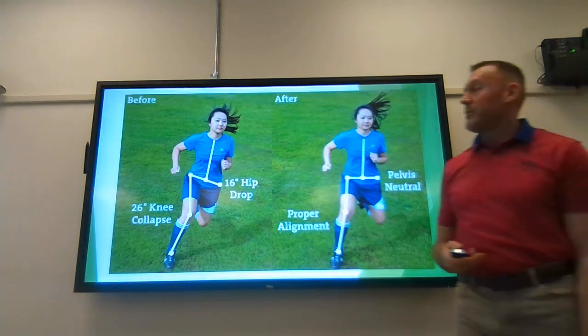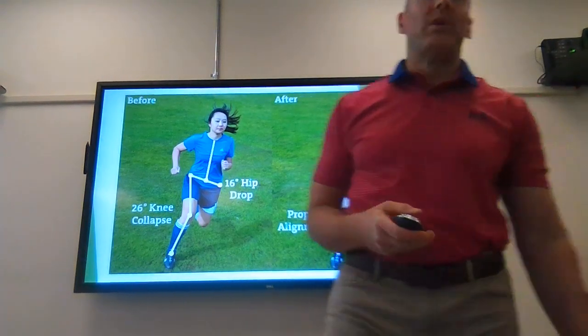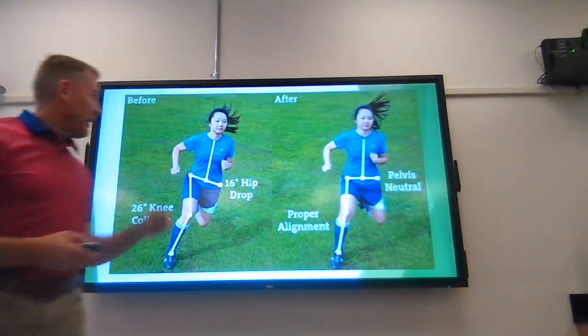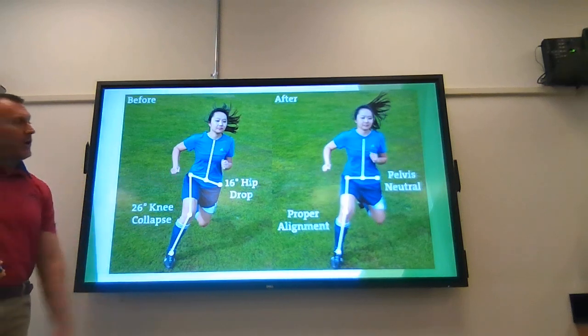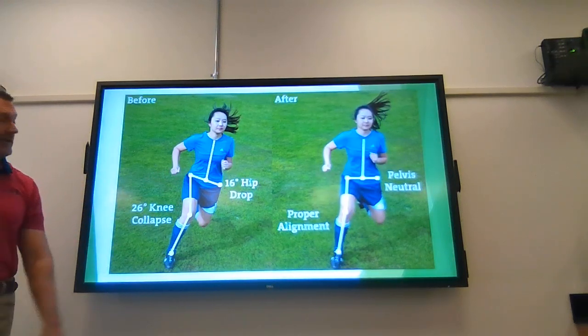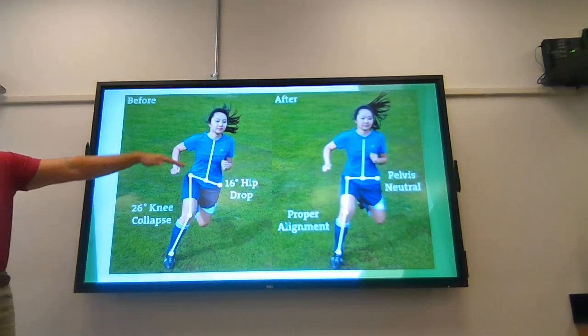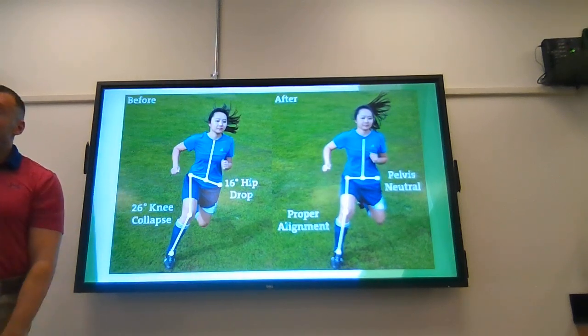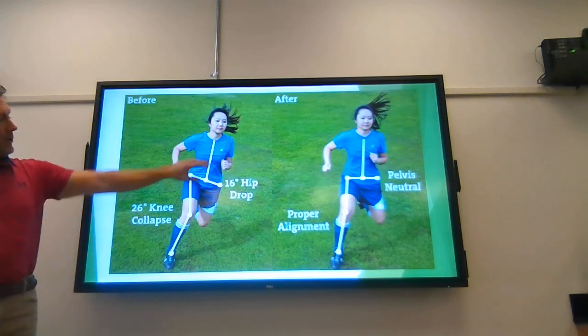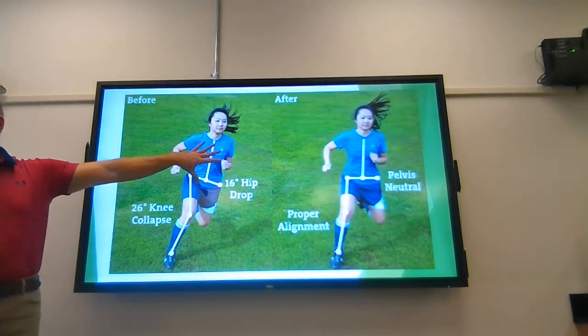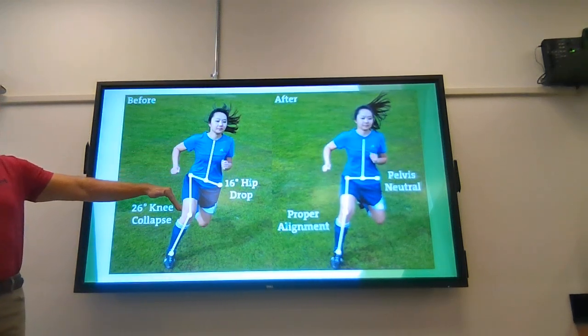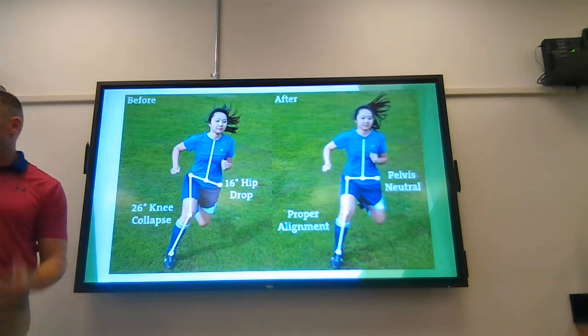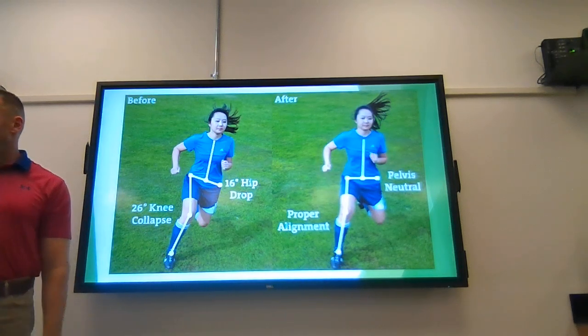So what do we strive for? If we have any valgus going on, we want to correct that, because valgus here probably means that we've got some pelvic drop here. Isn't it interesting that if we correct what's going on in the center of the body, what's going on at joints more distal to that will realign?